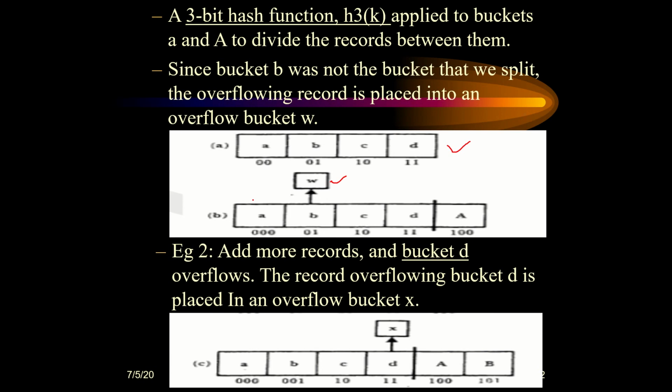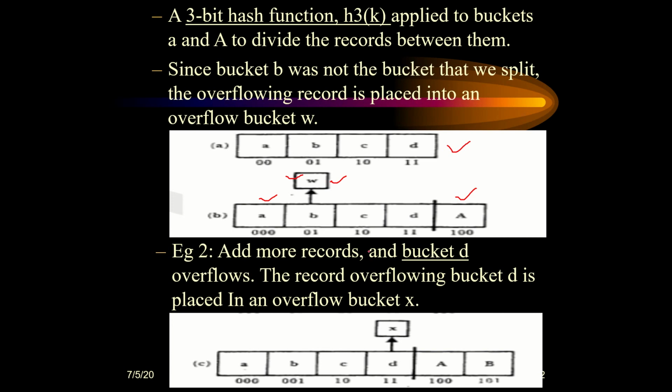The first time, it is bucket A which has to be extended. So I'm going to split A into 2, A and A, and share the records inside W between the two. This is what happens when the first overflow condition occurs.